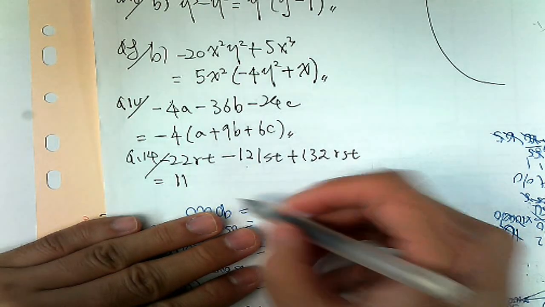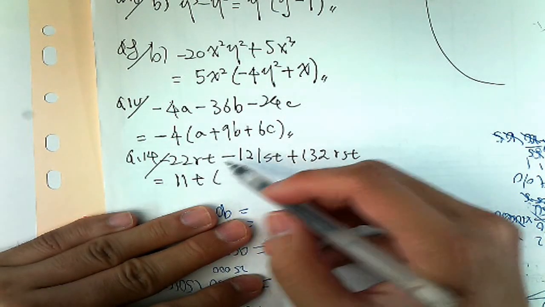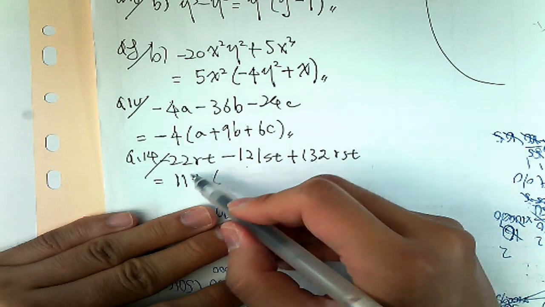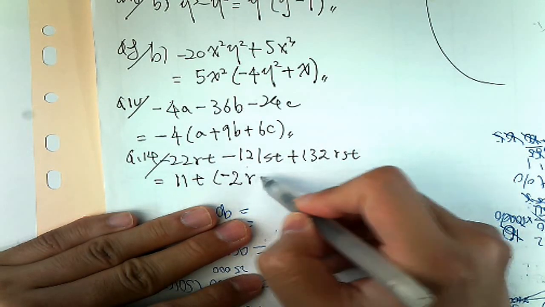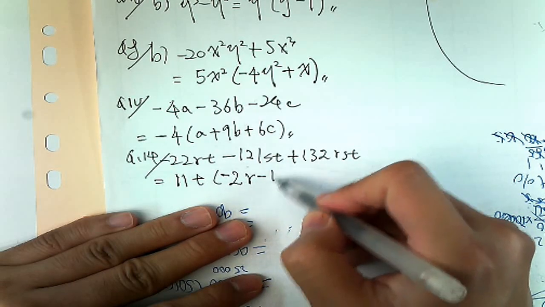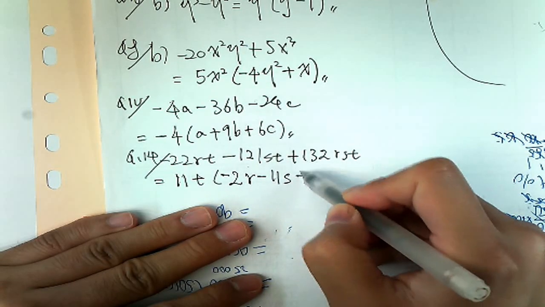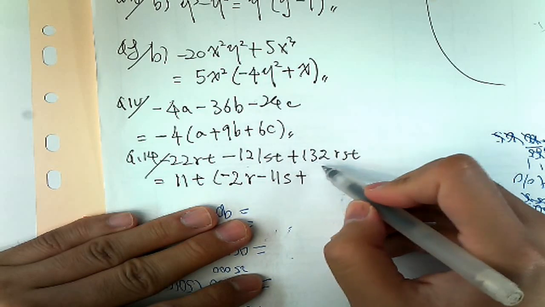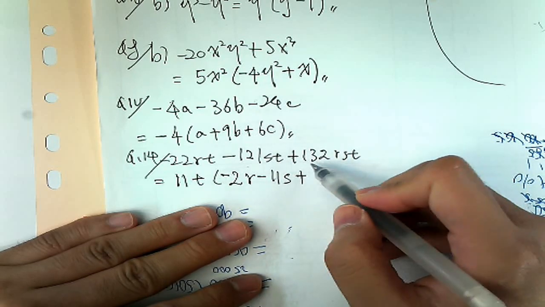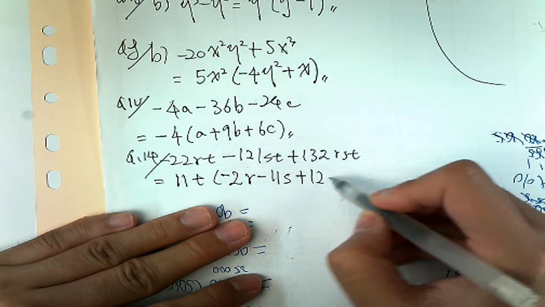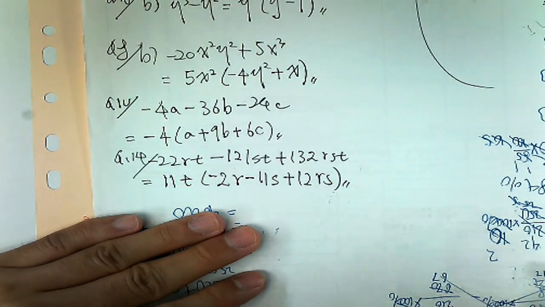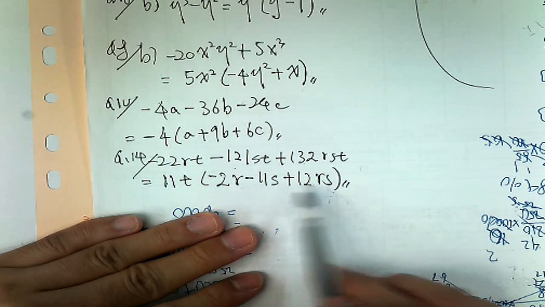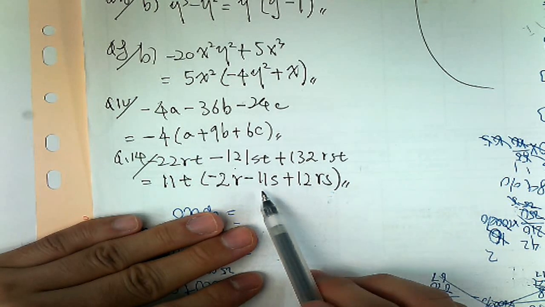You can pull out what? t, right? So give a bracket and write down the remaining: minus 2r minus 11s, plus, for this one you can use a calculator, actually 12rs. Understand? We cannot pull out r or s because they are not all in common. So keep going.